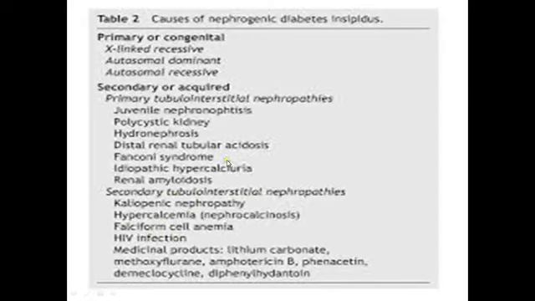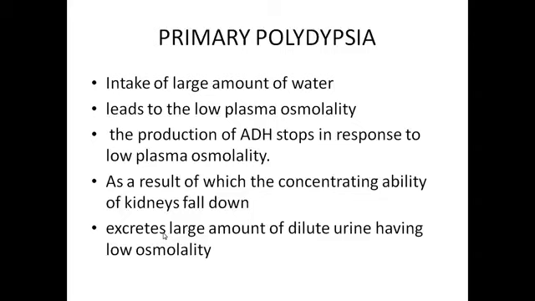So anything which is causing damage to the kidneys, there is something wrong with the kidneys themselves, or some infection like HIV infection, or the hypercalcemia, or from anemias. Or the drugs like lithium carbonate, amphotericin, the nephrotoxic drugs. So anything affecting the kidneys can lead to nephrogenic diabetes insipidus.